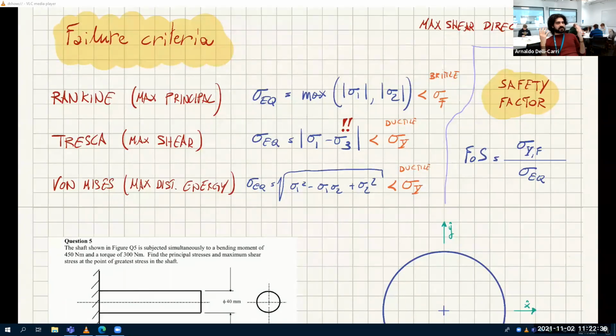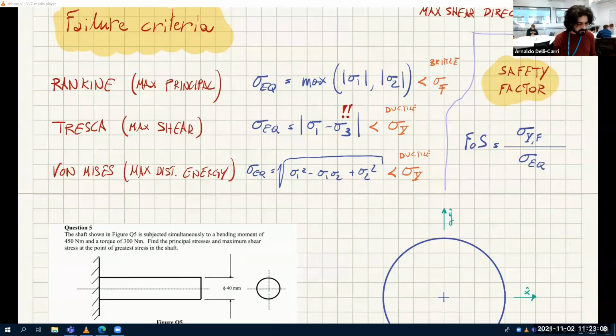Tresca says the largest principal stress minus the smallest principal stress. So if sigma 1 and sigma 2 are positive, the smallest is sigma 3, which is 0. If sigma 1 is positive and sigma 2 is negative, then in reality, sigma 2 is 0 and sigma 3 is negative. So you take sigma 1 minus the negative number, so you get a larger stress. Well, this is going to become a bit clearer when we solve the exercise, hopefully.